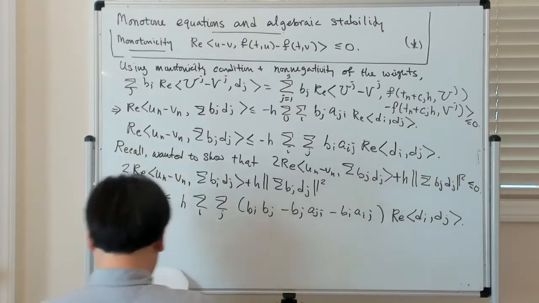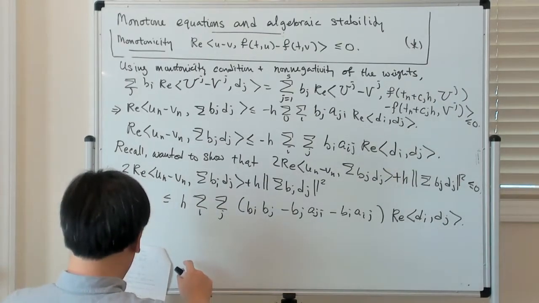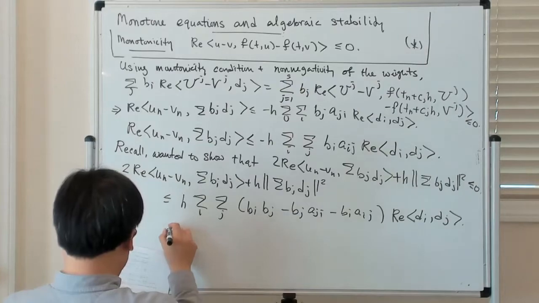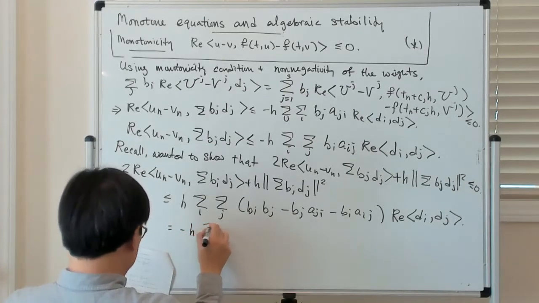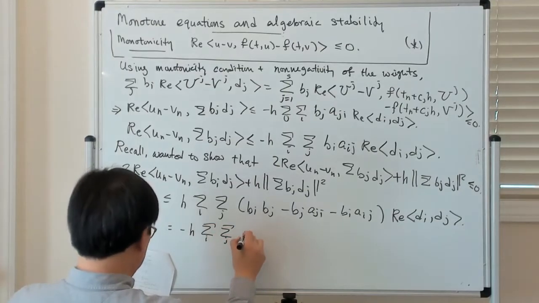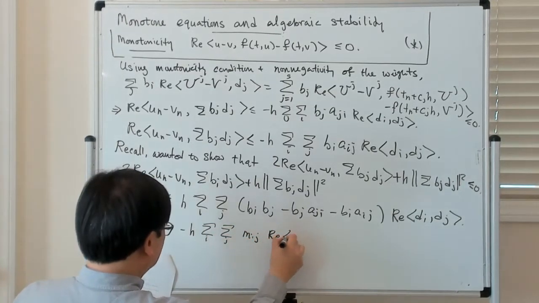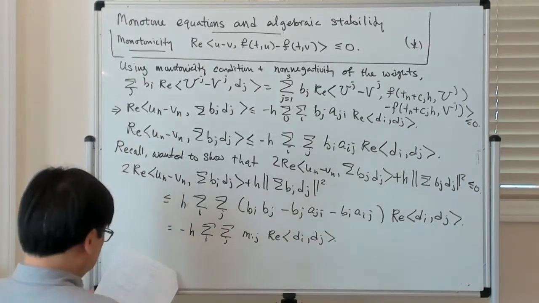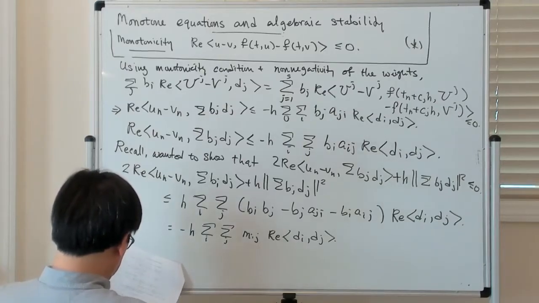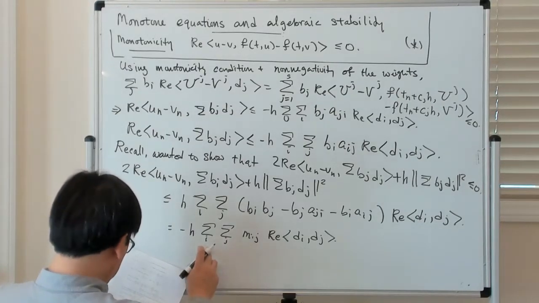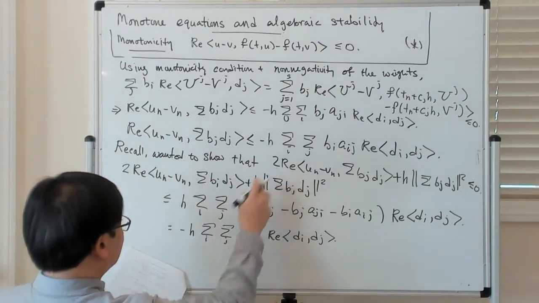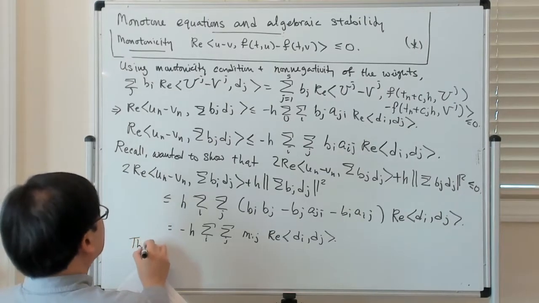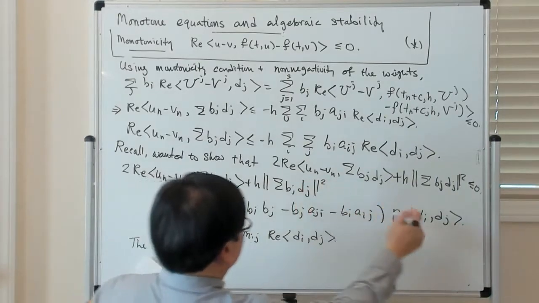Okay, so when the dust settles, these are of course the coefficients of that matrix, right? So this is equal to minus h, the sum over i, sum over j, m_ij, real part of ⟨d_i, d_j⟩. So the thing you wanted to show is true, right?